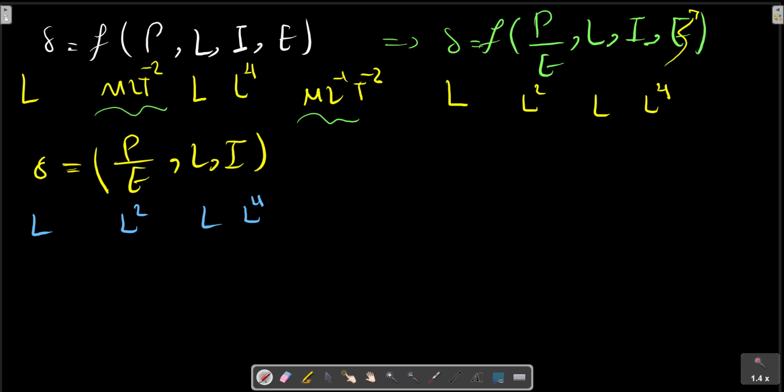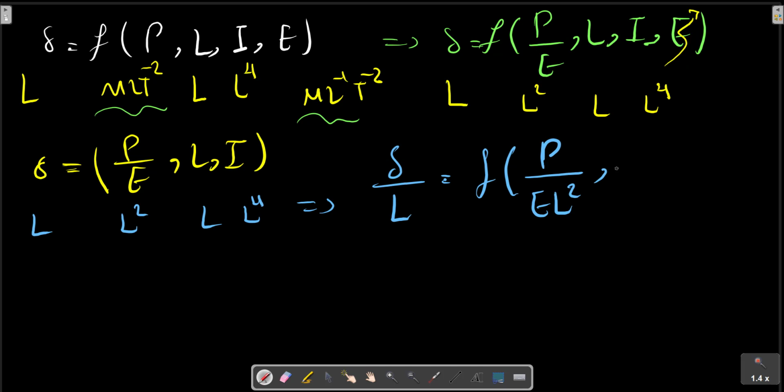We need only eliminate L by dividing by, say, powers of L itself. So on the right-hand side we can eliminate the dimension of delta, P over E. To eliminate the dimension of P over E, we should divide by L^2, so P over E L^2, and L over L, which eliminates, and I over L^4.